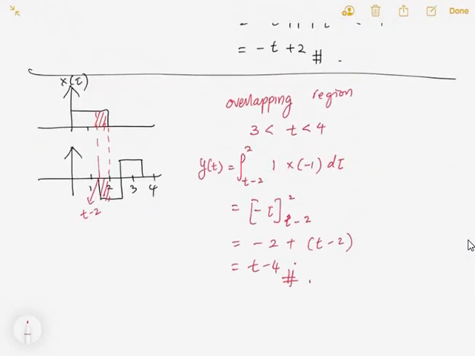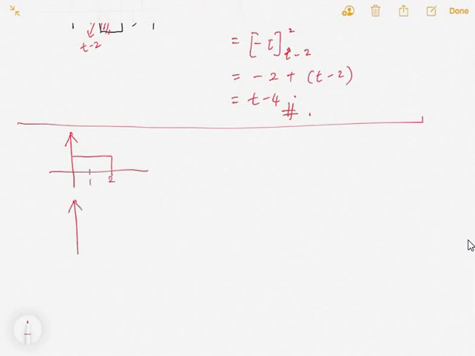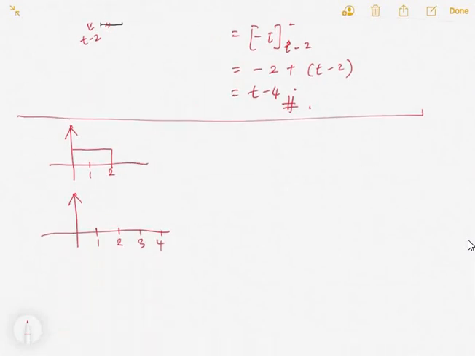Okay, so you still have the overlapping region. You need to do this until there is no overlapping. So try again. This 1, 2. Okay, 1, 2, 3, 4. And then just now it was 3 to 4, so it should be 4 to 5.